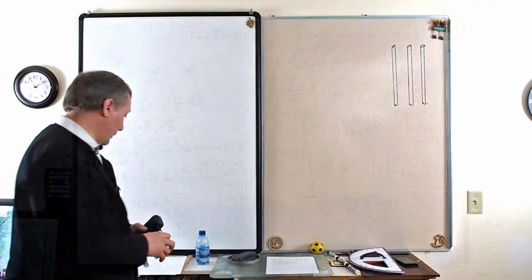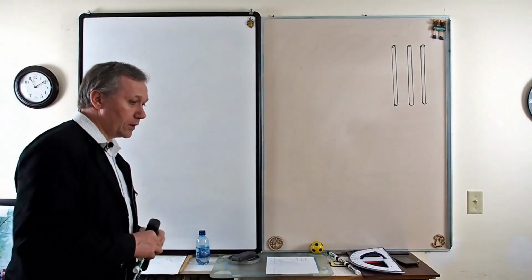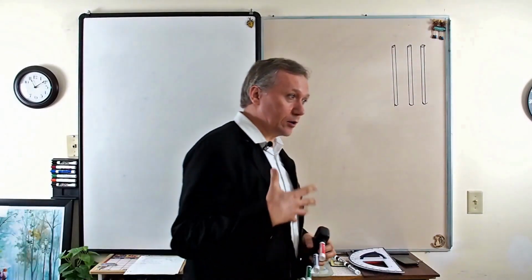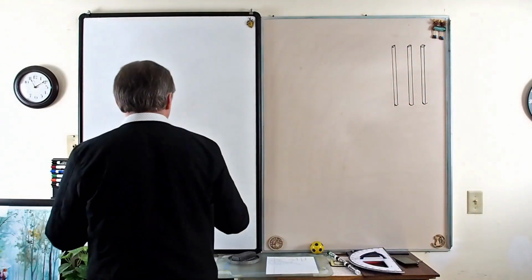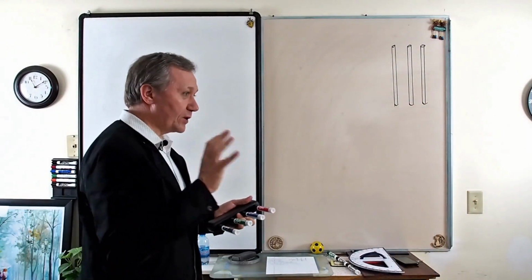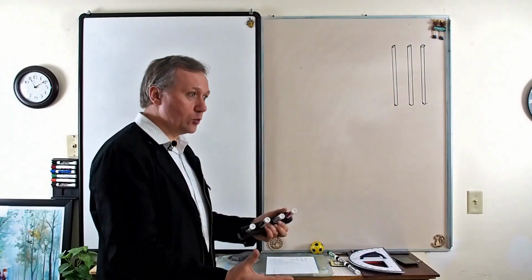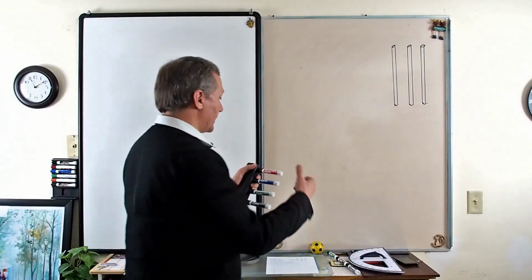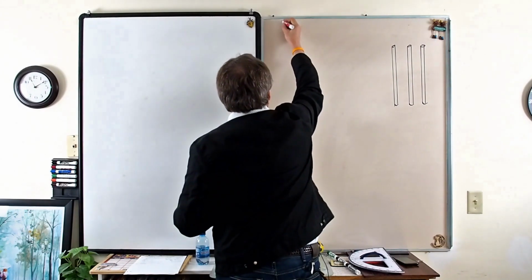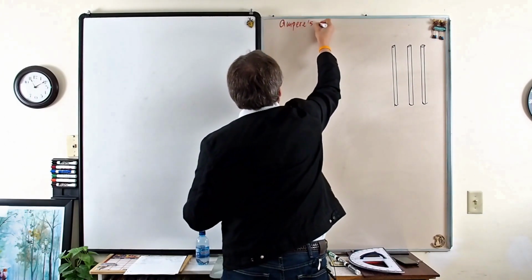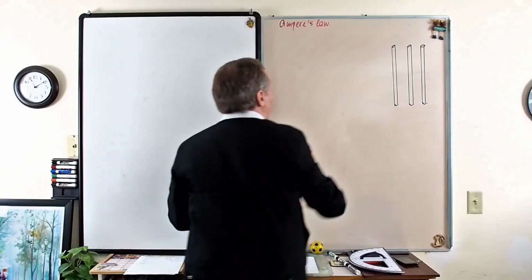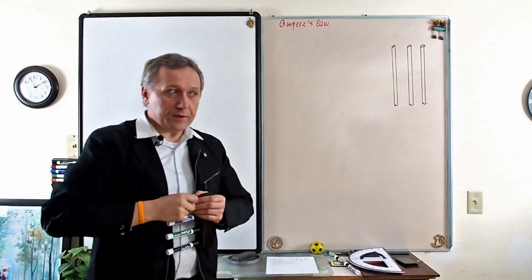Next problem. Let's start looking at Ampere's Law. We're going to spend quite some time discussing Ampere's Law. Before we start applying it, let's just review what it is and how it can be used. So now Ampere's Law. It's one of the fundamental laws in physics in general.